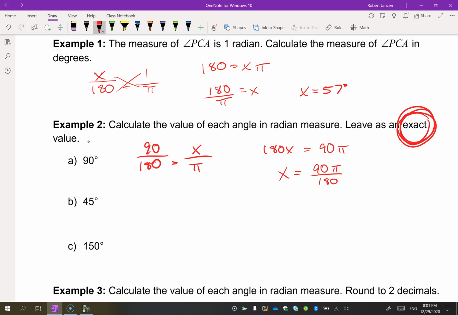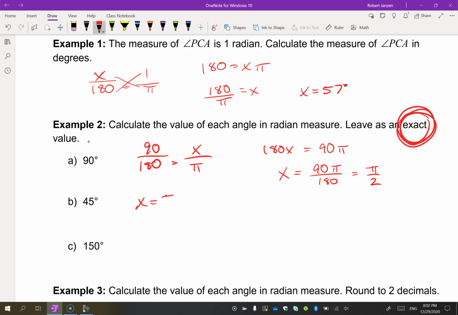And I could leave it like this, but you see that 90 and 180 are exactly half. So you could write it like that. Okay. Now, before I do the next one, 45 is half of 90. So x should be half of pi over 2. What is half of pi over 2? Well, if this is half of a pi, I want a quarter of a pi.